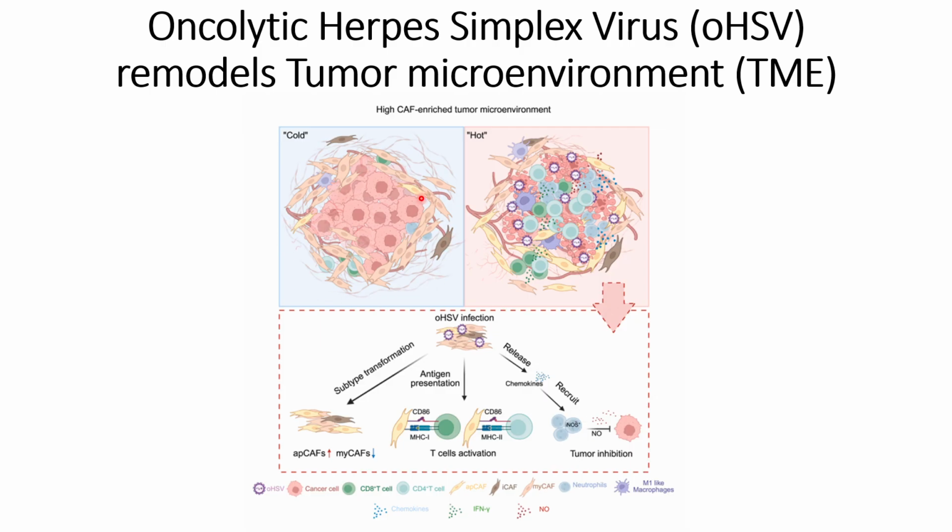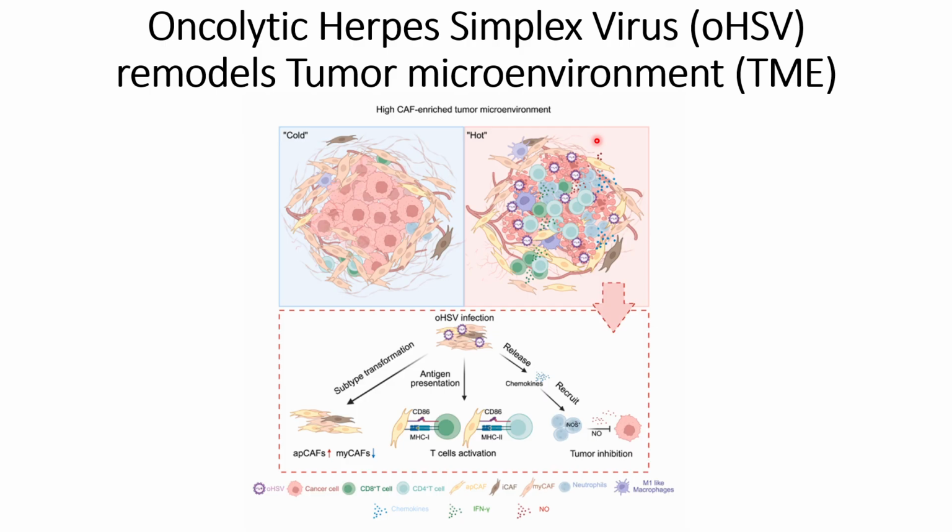Myofibroblast is generated through cancer associated fibroblast, whereas in the case of the induced CAF, induced by oHSV, we can see lots of oHSV, and at the same time there is a decrease in myofibroblast, that is, the cancer associated fibroblast with a higher composition of myofibroblast goes down.